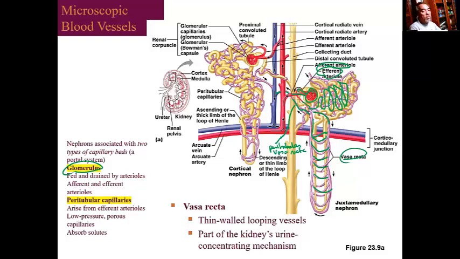Then once it goes into this venous structure, it's called the cortical radiate vein.